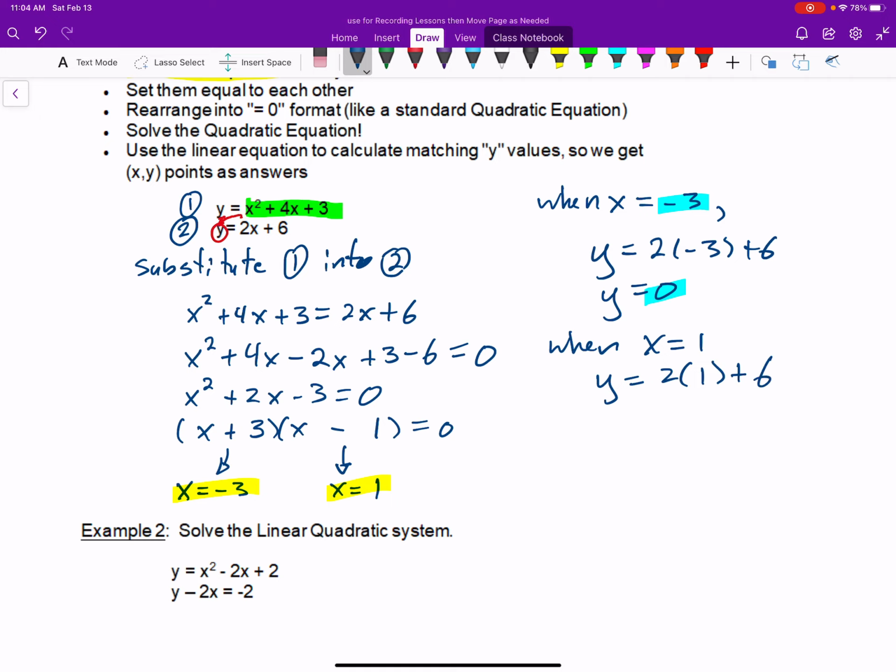When x equals 1, y is going to equal 8. And so my solutions are negative 3, 0, and 1, 8. So again, a couple of points. This obviously has two solutions.